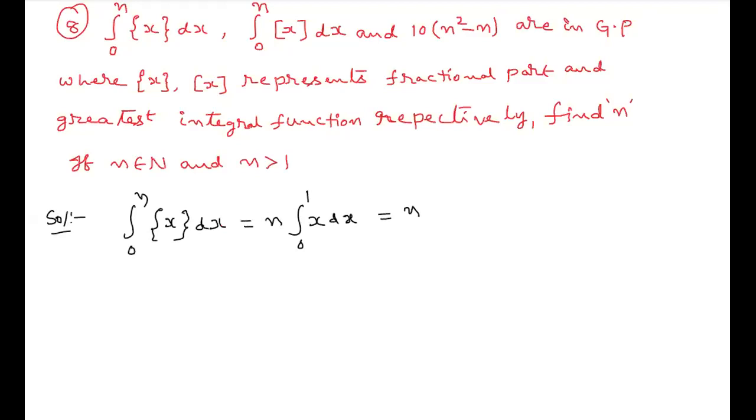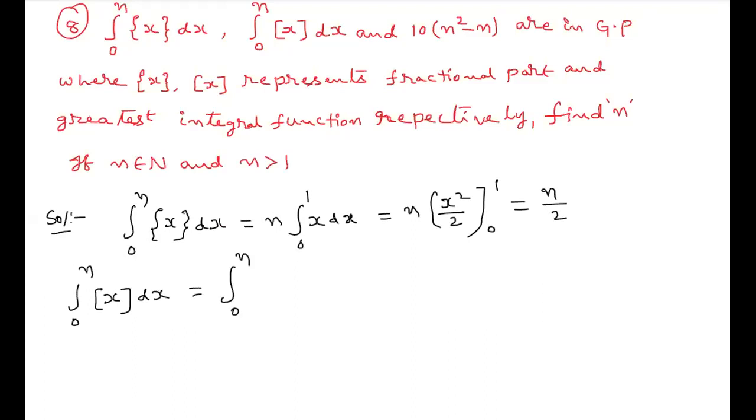n into x square by 2. Here, what is the limit? 0 to 1. Overall, we get n by 2. This is the first one. Now see the second one: integration 0 to n of fractional part of x dx. Fractional part of x means x minus floor x.